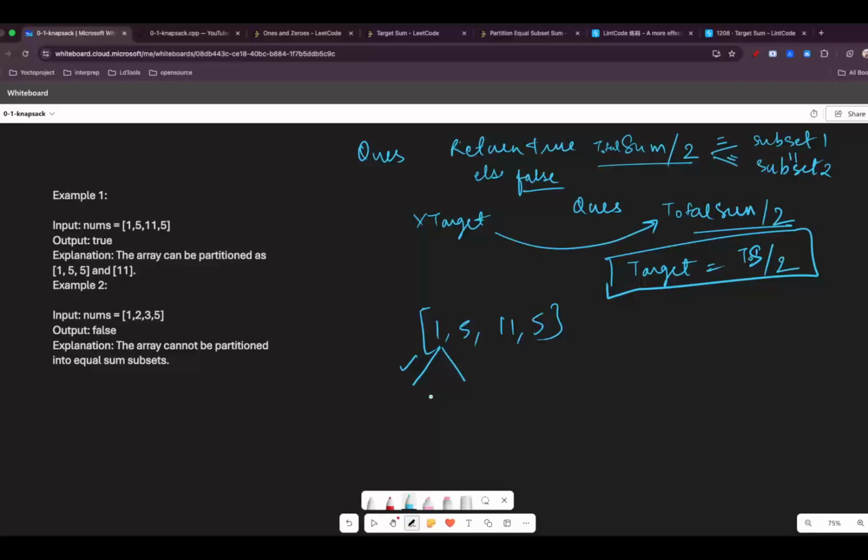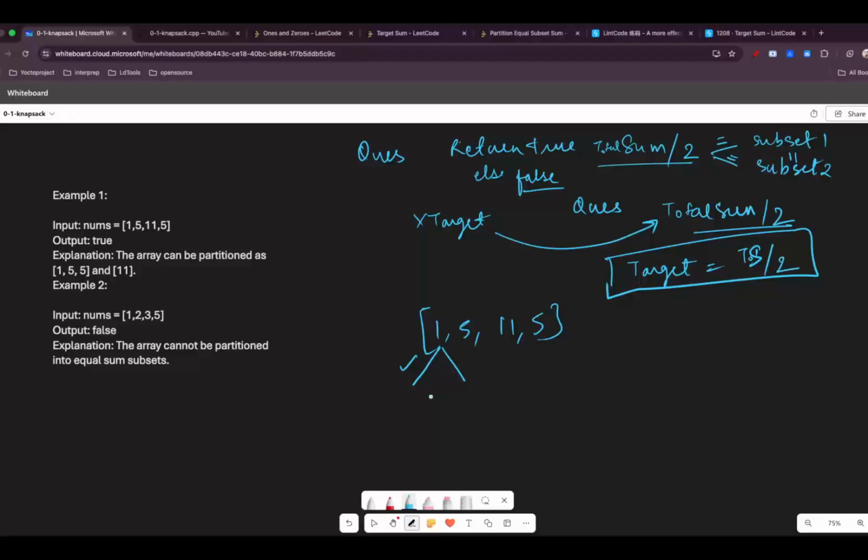So it becomes like that. The same way in target sum, we were assigning plus or minus. Whatever we were including in plus was subset 1, and whatever we were excluding becomes subset 2. If we are excluding from subset 1, that by default falls into subset 2.